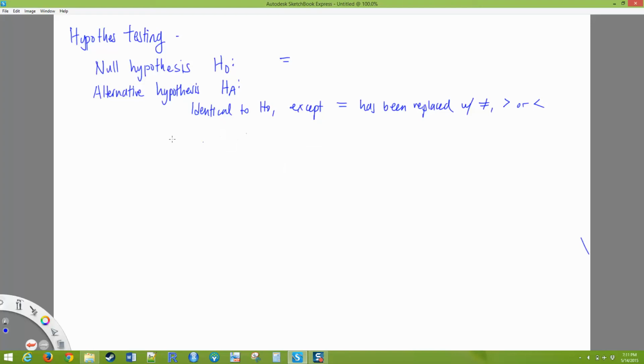So when we do a t-test, today's t-test, we are going to do a t-test for comparing independent samples.